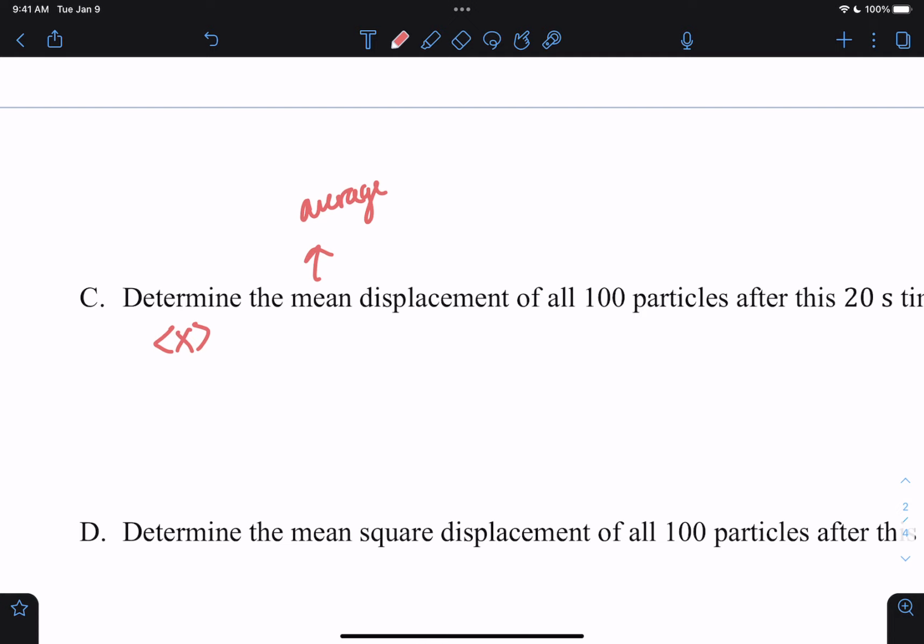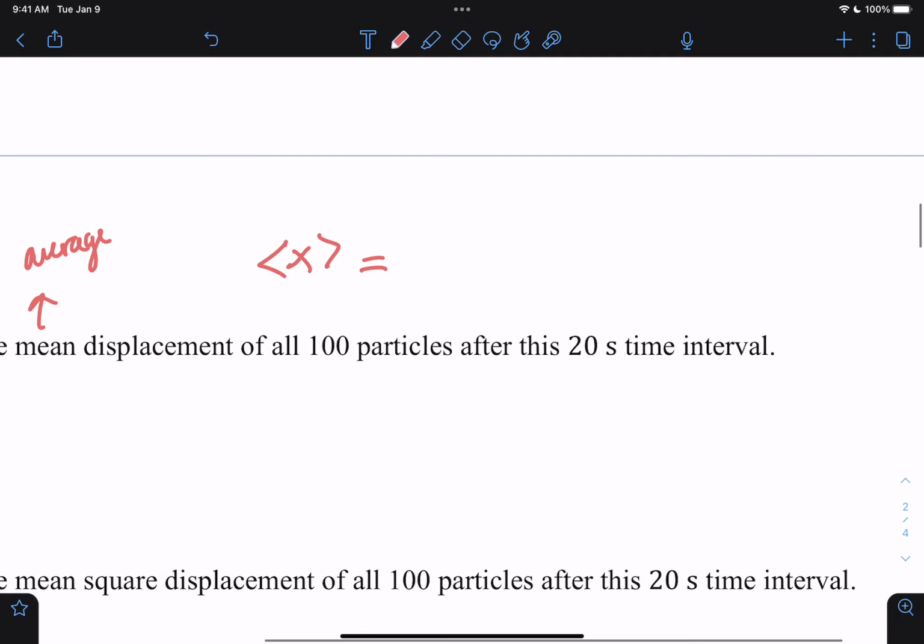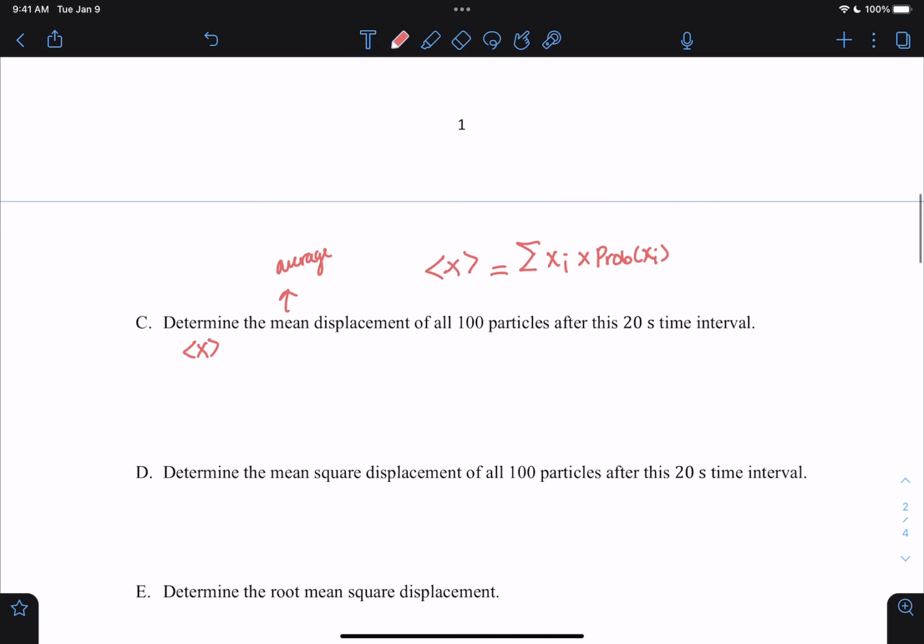Yep, exactly. If we were to set it up as an equation, it's the sum of each displacement times the probability of finding particles at that specific displacement.